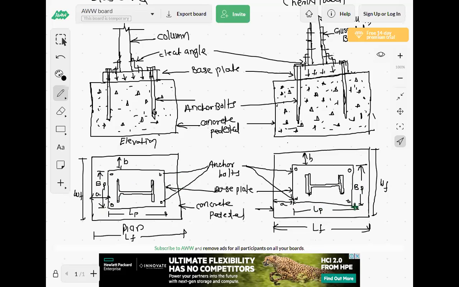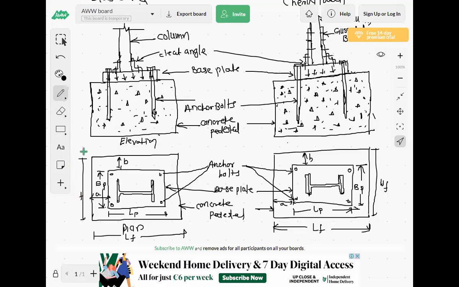LP is nothing but length of plate and BP is nothing but width of plate. LF is nothing but length of foundation and this WF, or we can call it BF also here. This capital BF is the width of foundation.